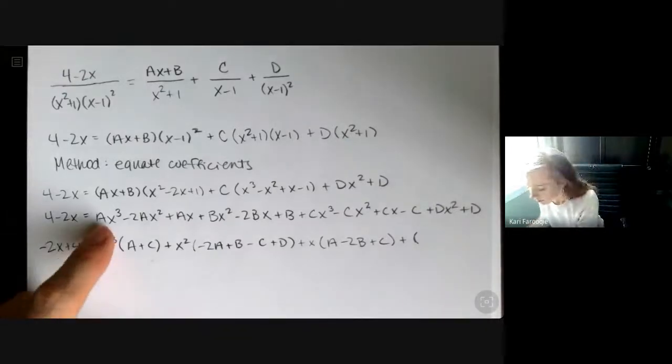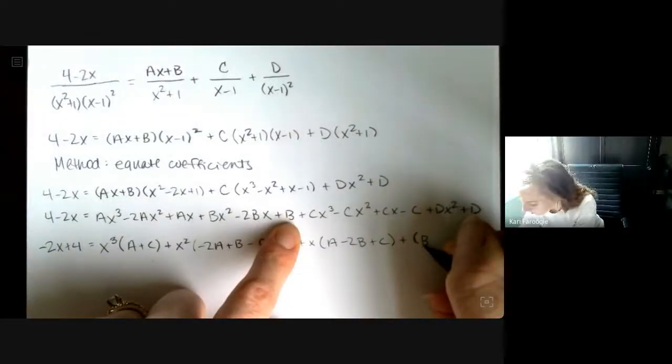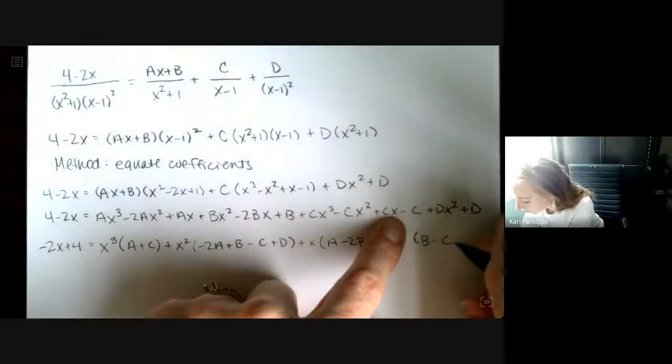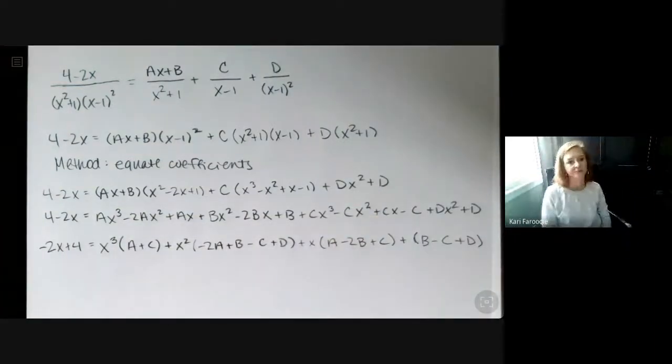So anything that doesn't have an x on it. So I have a b. These have x's. So minus c plus d. It seemed like it took a long time because I was demonstrating, but when you're doing this on your own, it should not be something that's super crazy.